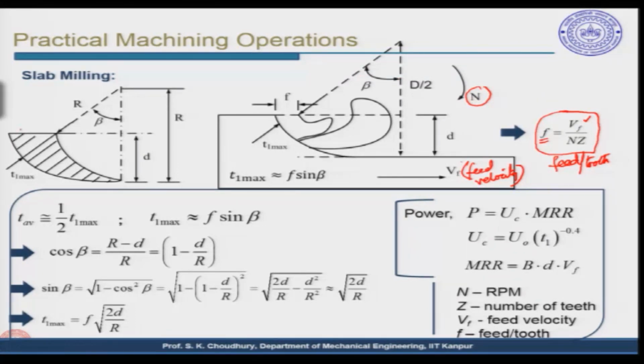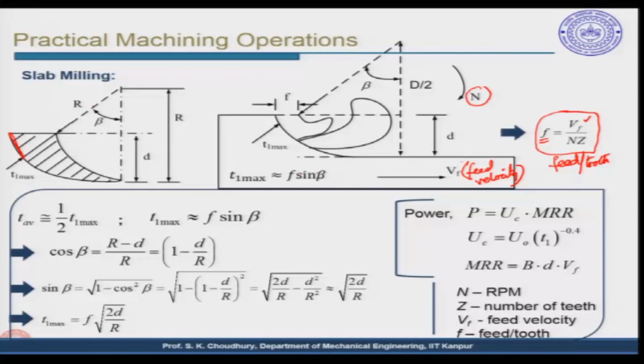This is because we can assume this chord to be a line, and from this triangle you can find that T1 maximum is equal to f into sine of beta. In the milling process, the average value of the uncut thickness is used, T1 average, which is normally taken as half of the T1 maximum.